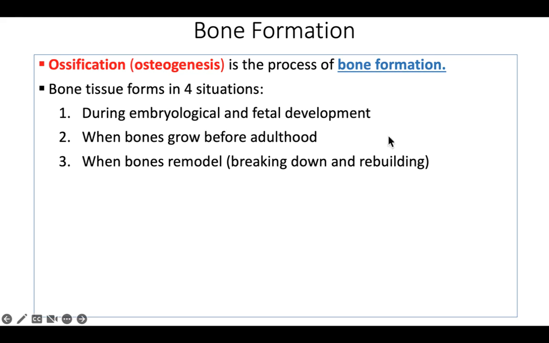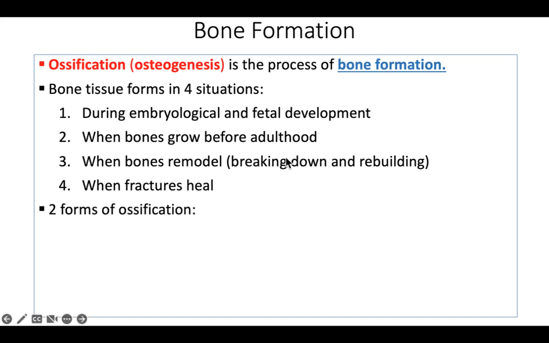You still have to build bone, or form bone, with your osteoblasts. And then finally, in order to heal a fracture, you have to be able to form new bone tissue that in essence acts as glue to glue it back together. We're going to learn about two forms of ossification that occur during embryonic and fetal development.